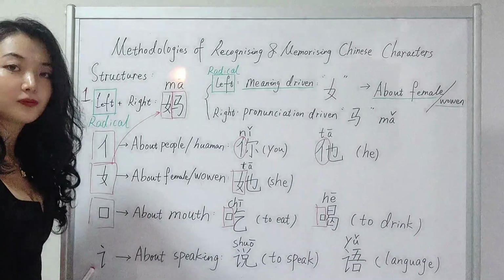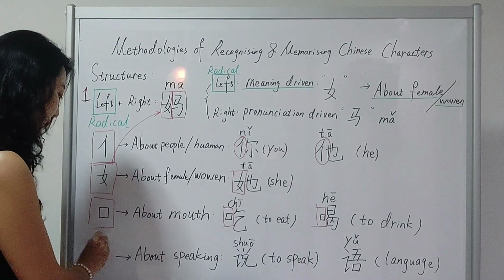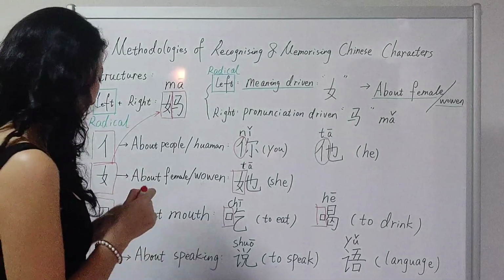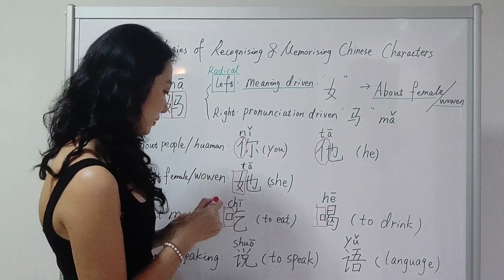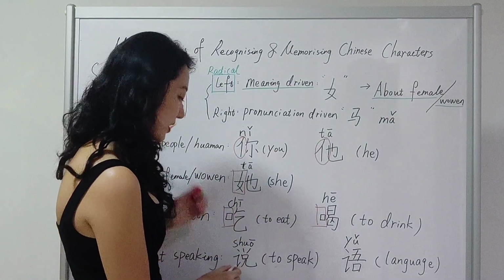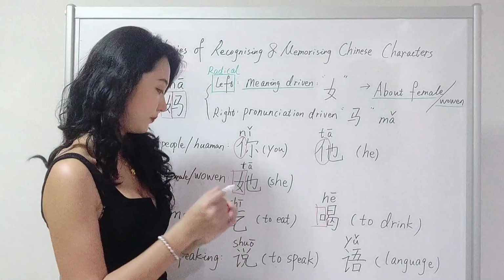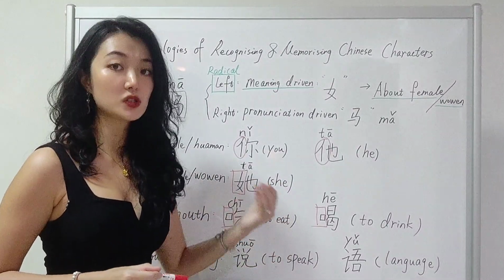Next example, this one. This radical means speaking related. About speaking. Let's have a look at this character. Pronunciation is shuō. Shuō means to talk or to speak.